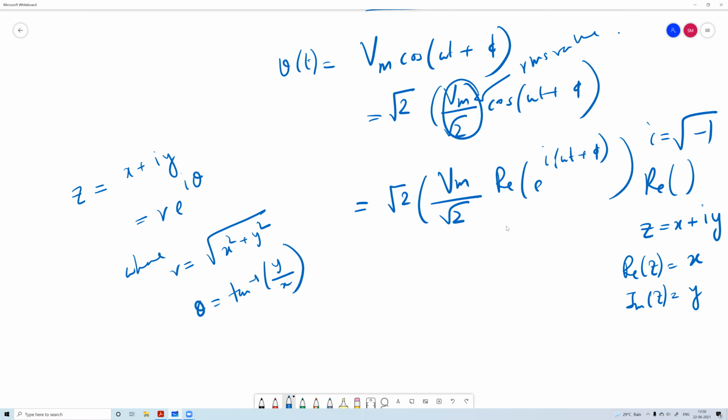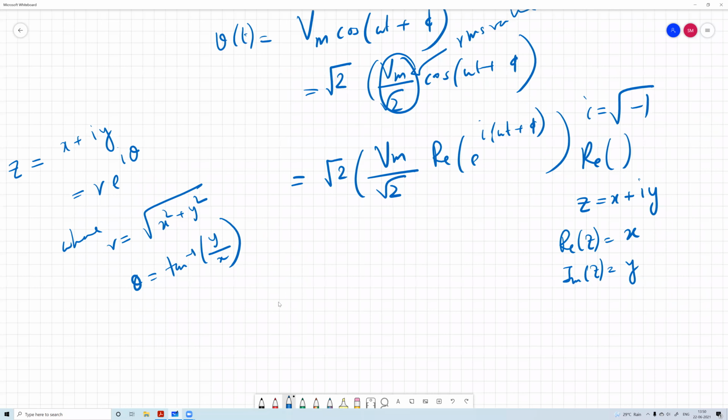Is it okay? Do you know this form as well? Yes, sir. Agreed? We can write it in this form. Now, do you know De Moivre's theorem that e to the power of i theta is cos theta plus i sin theta?